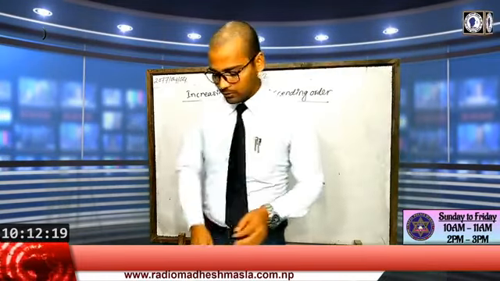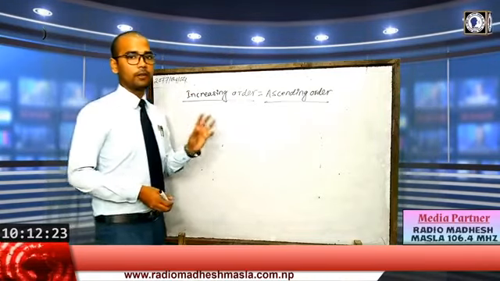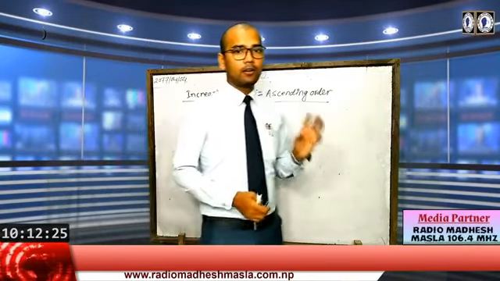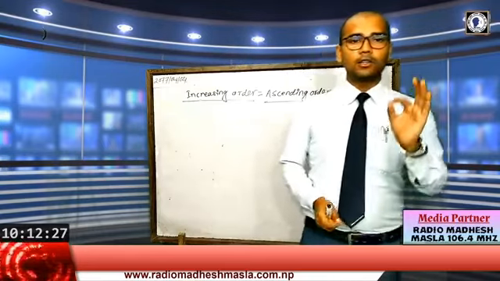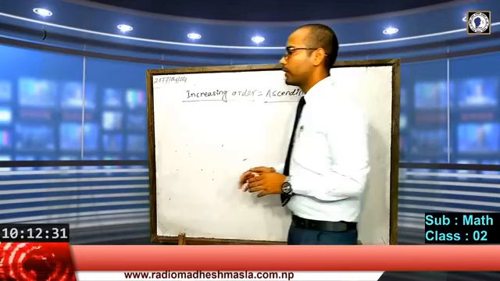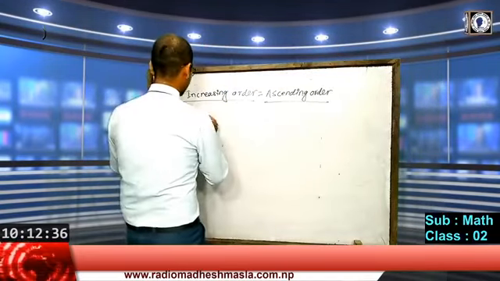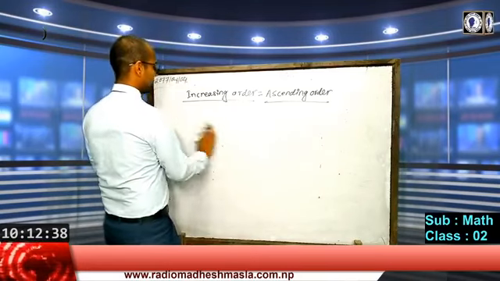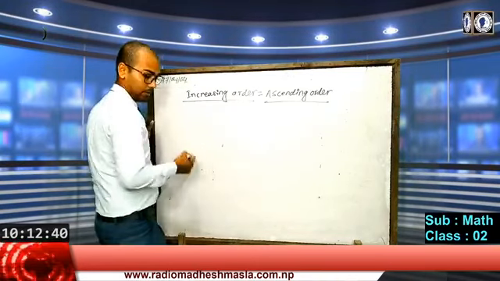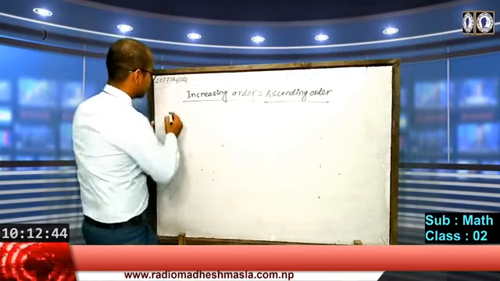That means when we give the order of the numbers from smaller to greater, it is known as increasing or ascending order. So for example, students, sometimes we have questions like this.